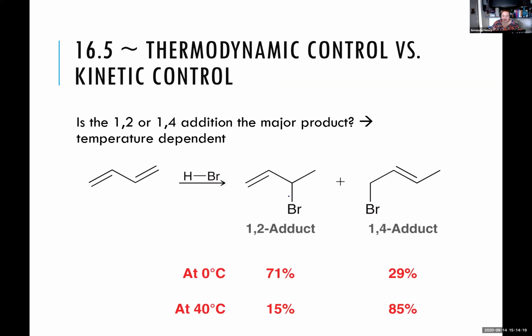So here's the same reaction we started with on our reaction slide. We do the reaction at 0 degrees Celsius, so we know that that's freezing, and at 40 degrees Celsius. So room temperature is like 25-ish. So 40 Celsius isn't a lot higher than that. And I'm pointing that out because it doesn't mean that we have to heat this at extreme temperatures.